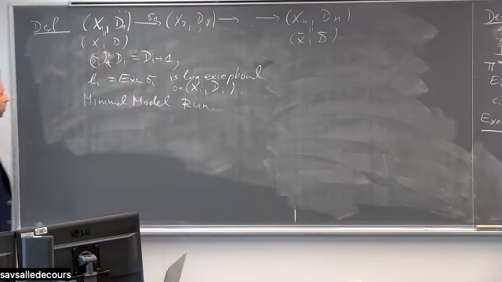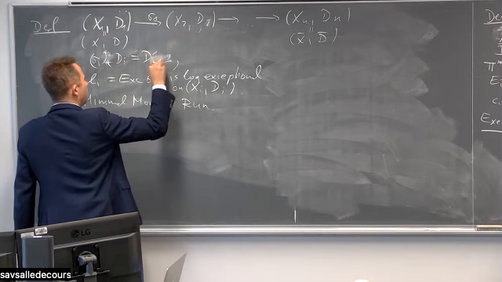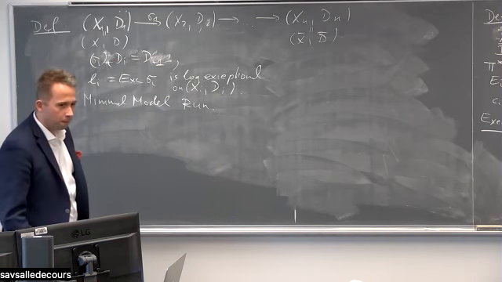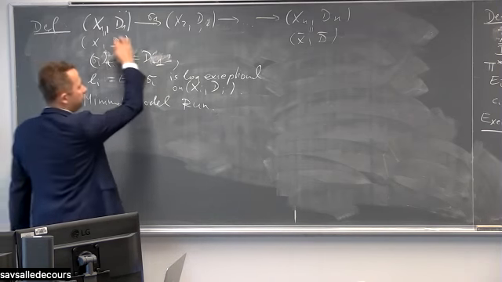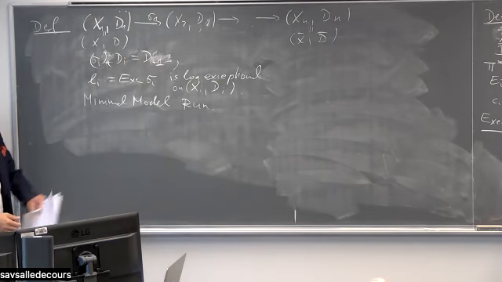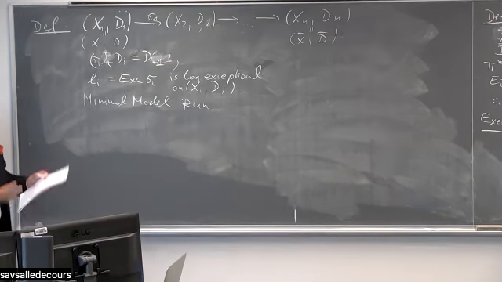Sorry, D_{i+1}, what do you mean by 1 here? Ah, sorry. So minimal model run, you said? Yes, because it's a specific choice of a sequence of contractions. So minimal model program is a general theory. Right.